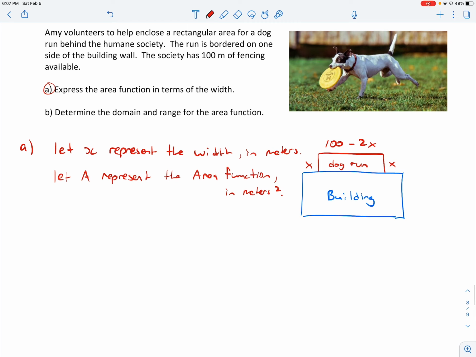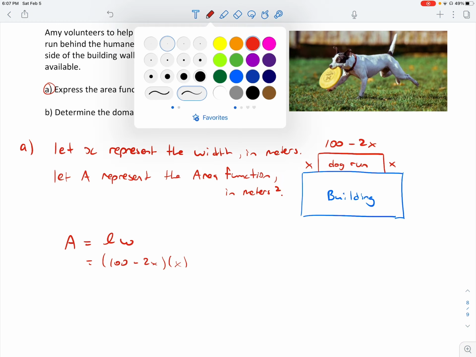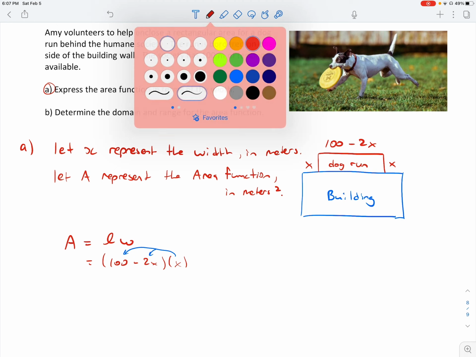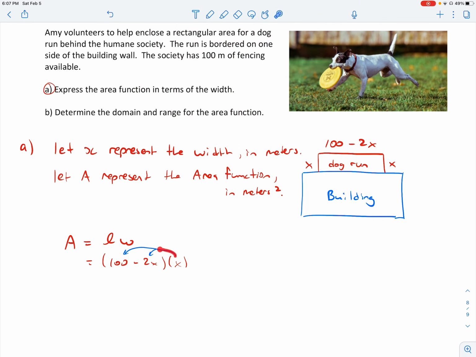So I'm now going to write out a formula for the area. We know area is always length times width. So my length is 100 minus 2x, and the width is x. Now we're just going to distribute this in. So we'll do this one first, x times negative 2x.